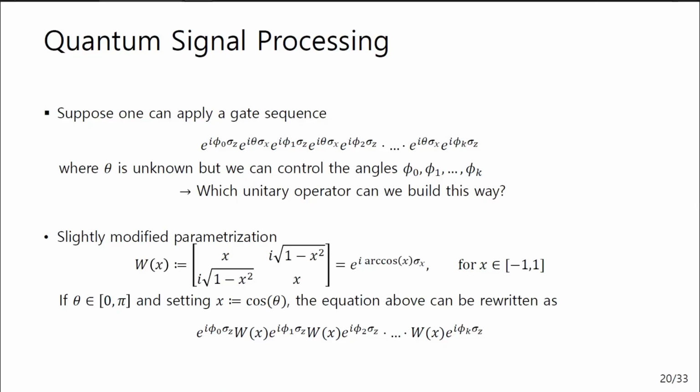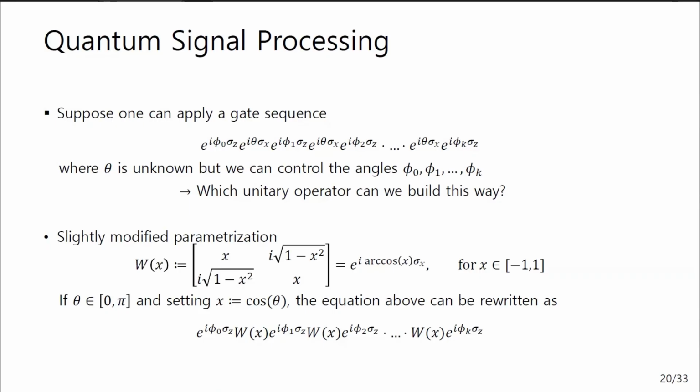Suppose one can apply a gate sequence, rotation Z gate, rotation X gate, rotation Z gate, alternately, where zeta is unknown, but we can control the angles phi 0, phi 1 to phi k. Some people call this rotation X gate a signal gate, and the rotation Z gate a signal processing gate. So you can think that zeta is an unknown value and it is the signal, and we can process this signal using the rotation Z gate.